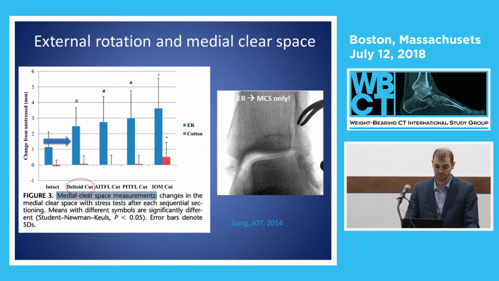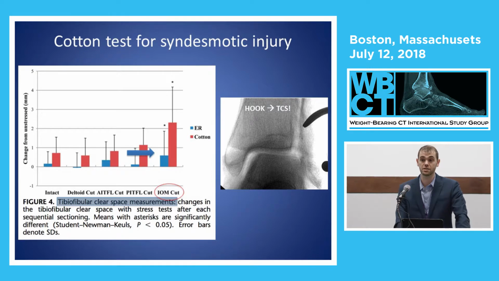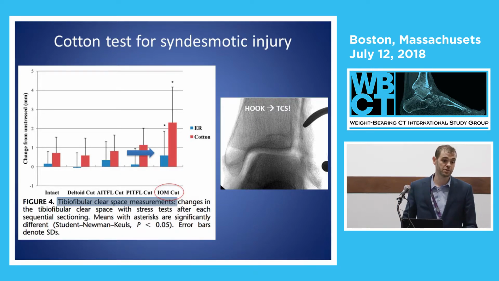So it's a test for a medial injury, not necessarily a high ankle sprain. And in this specific cadaveric radiographic study, you see that as soon as the deltoid was cut, that's when there started being significant changes to the external rotation test. On the flip side, the cotton test is probably better for syndesmotic injuries.